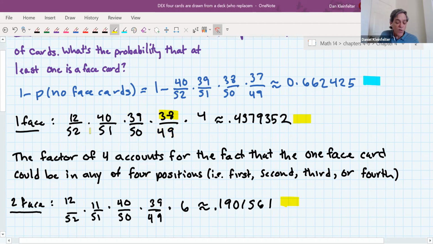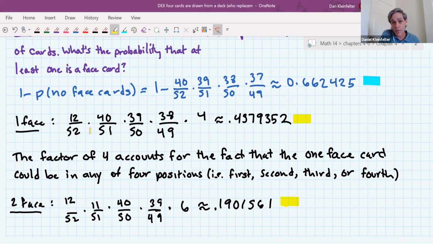Okay, so the first four fractions take into account us getting one face card, and then the other three are taken from the 40 non-face cards that we have. So the thing is that that one face card could occur in the first draw. It could be drawn second, drawn third, or drawn fourth, right?